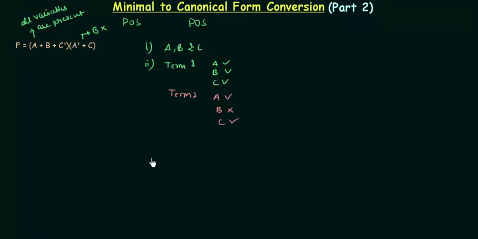And in step number 3, the most important step, we have to retrieve this absent variable. So let's see how we can do it. For this I will take one example. Let's say function g is there and we have (a or b) and (a complement or c). This is the minimal POS form because in term 1 we don't have c and in term 2 we don't have b.